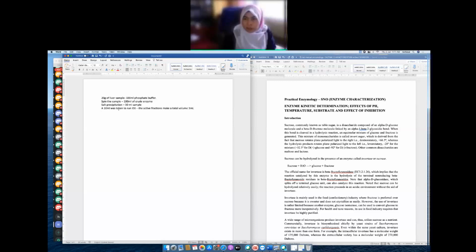Okay, so that 3 ml was subjected to maybe gel filtration technique, and then we got 2.5 ml.